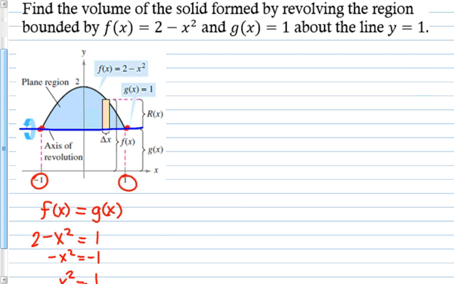So when I revolve across y equals 1, I'm cutting the original function, f of x equals 2 minus x squared, which would have probably looked a little more like this, right? So I'm cutting a piece out of that.